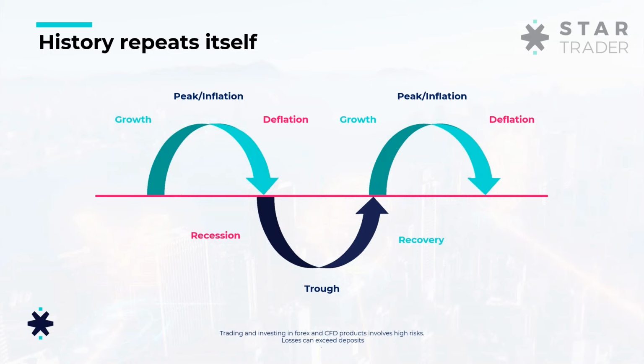That recession will go deep, will go to the bottom or the trough of it. Then central banks will interfere again. They will loosen the monetary policy. They will reduce the interest rates so companies can take money from the banks and invest more, hire more people, recover the economy, and we'll go into that cycle again.